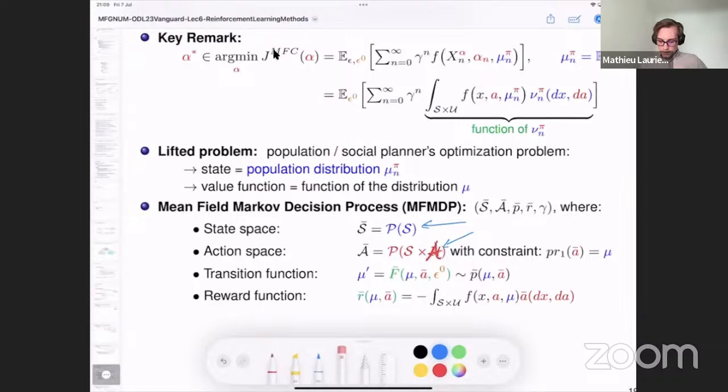So in this case, you can write the evolution for the distribution, which is just pushing forward using the function capital F, and you can write a reward function or a cost function for the whole population distribution. Here, I put a minus because I want to have a reward function to fit with the literature on reinforcement learning, which is usually for MDPs with reward functions.